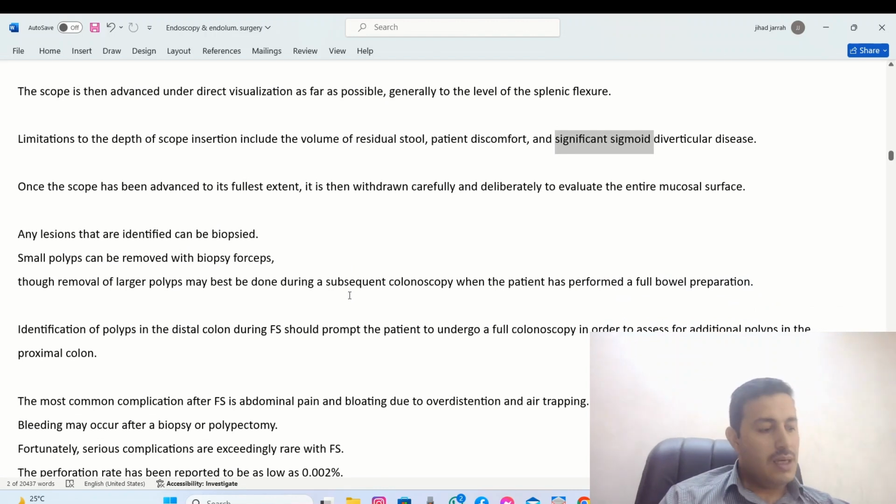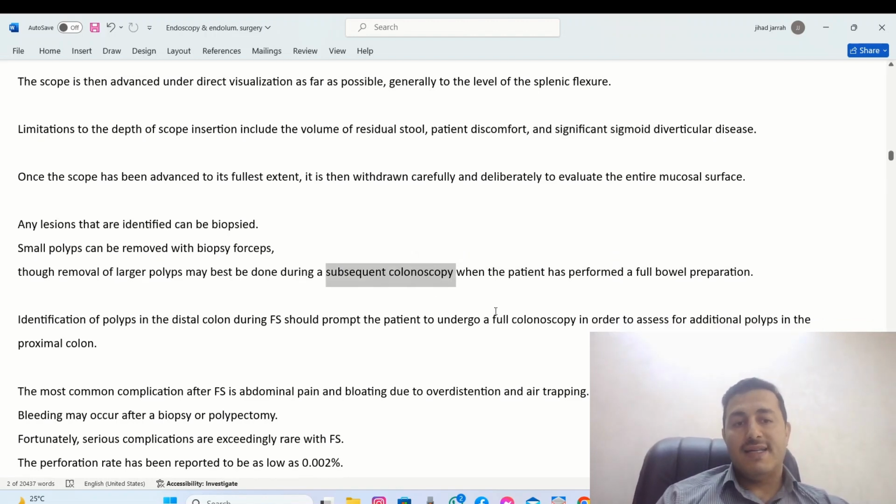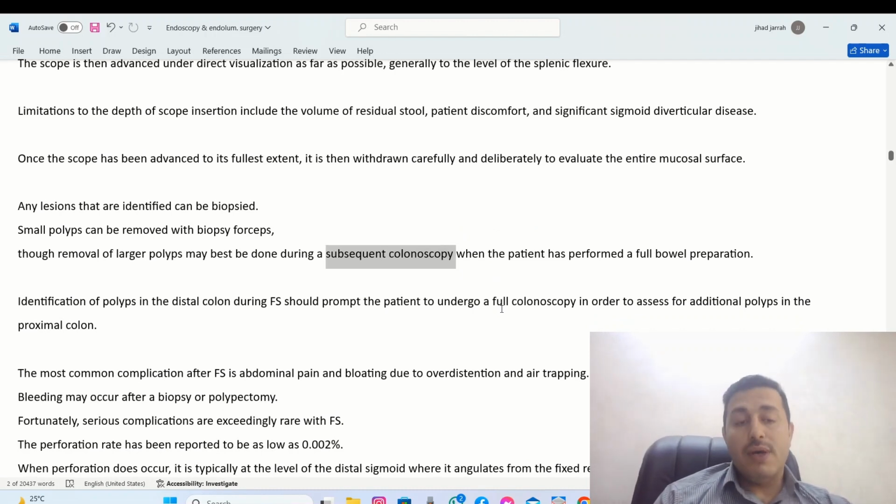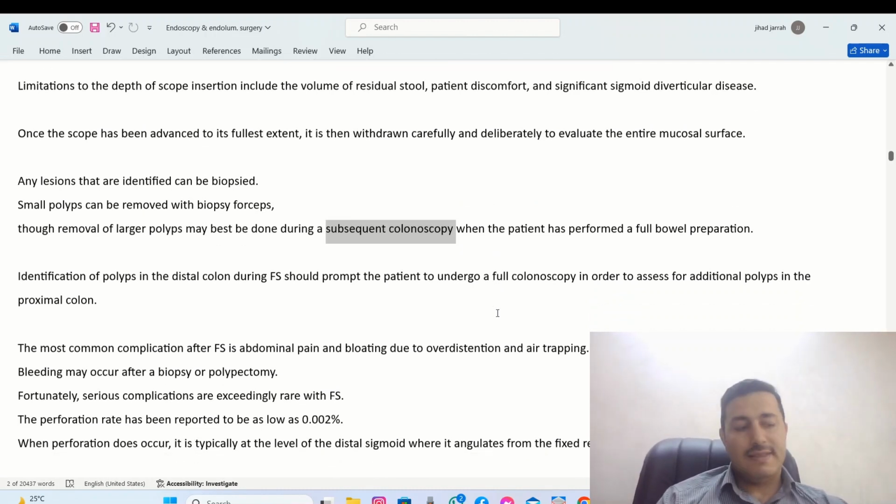Okay. In this procedure we can take biopsy, but we have to consider that the patient is not sedated. So for small biopsy, yes, we can take biopsy. Larger biopsy should be done during the subsequent colonoscopy, as the patient is fully bowel prepared and sedated at least.